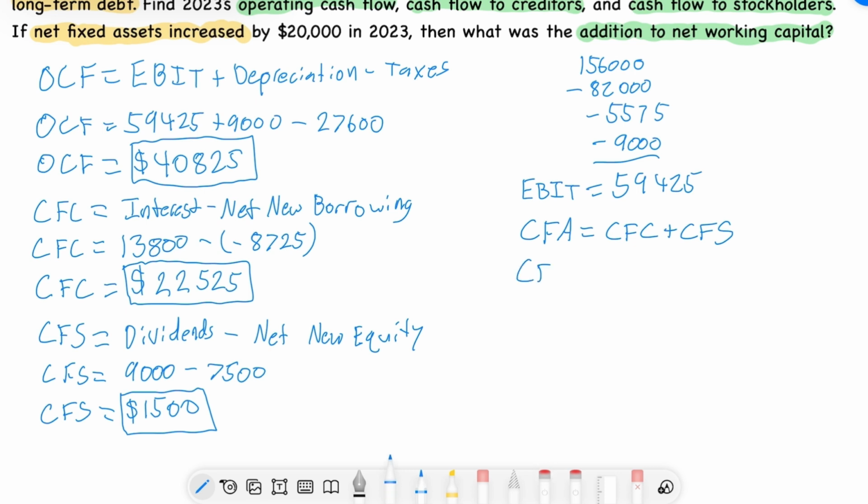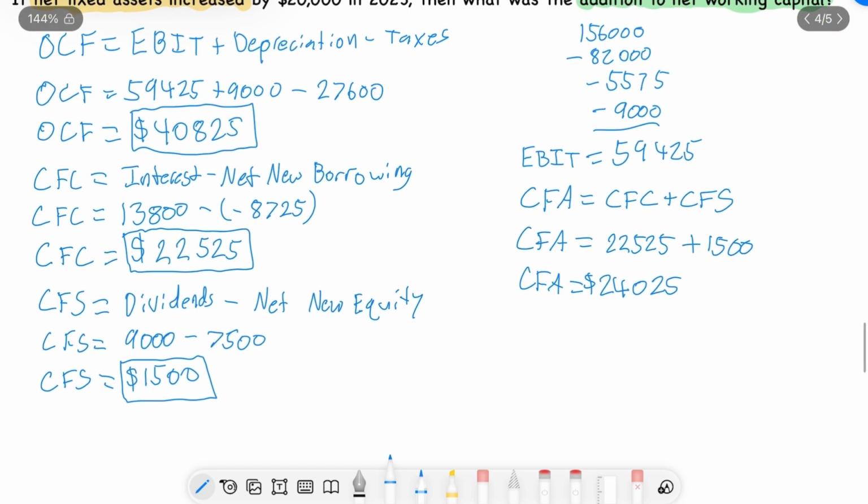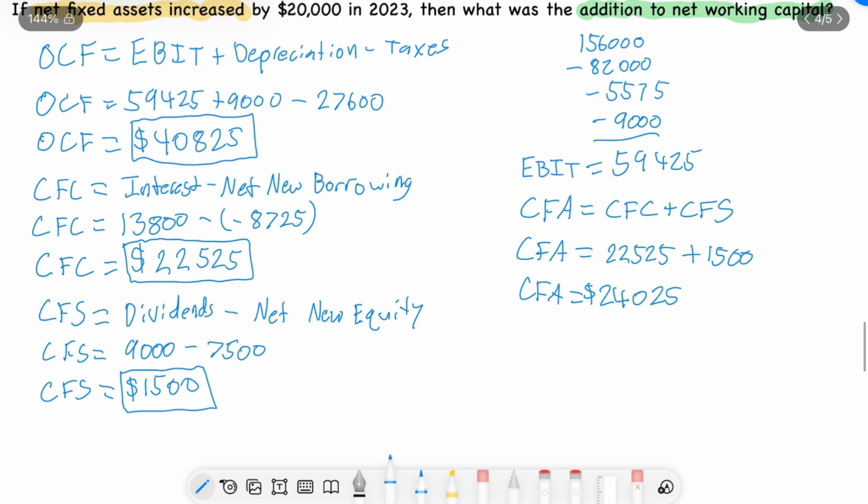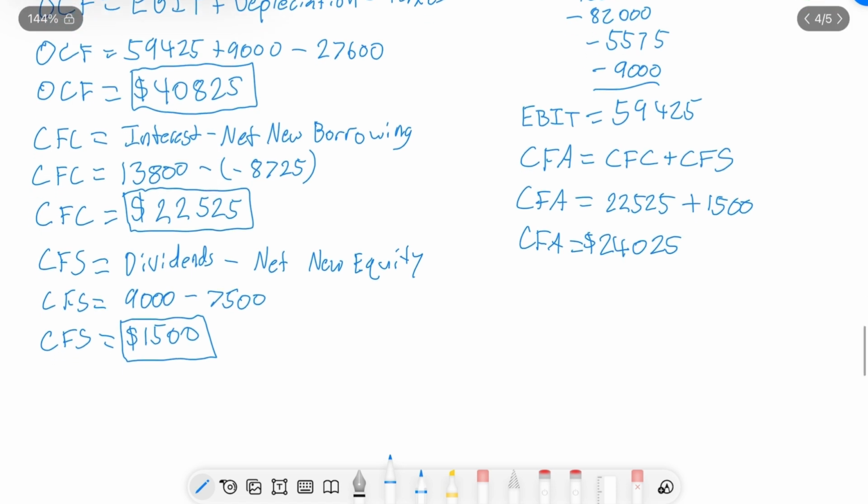So we've got our cash flow from assets equals $22,525 plus $1,500. We're going to get a cash flow from assets of $24,025. We will now use that in our other cash flow from assets equation, where we use operating cash flow, change in fixed assets, and our cash flow from assets.